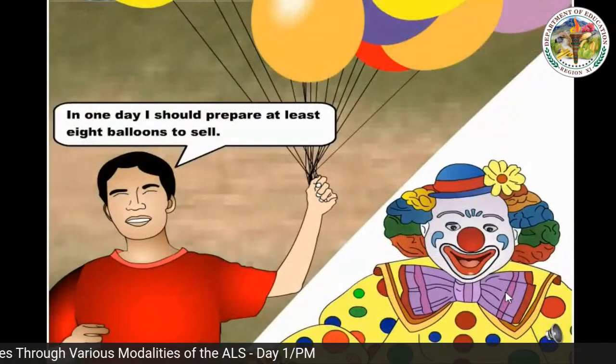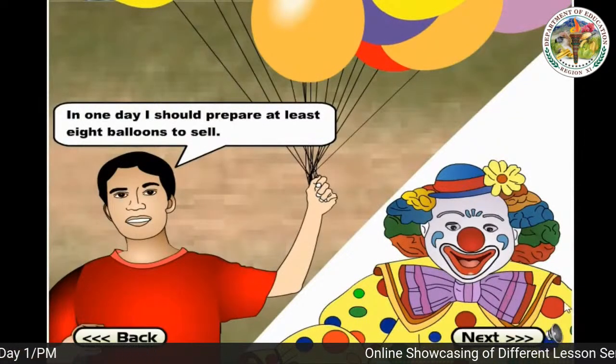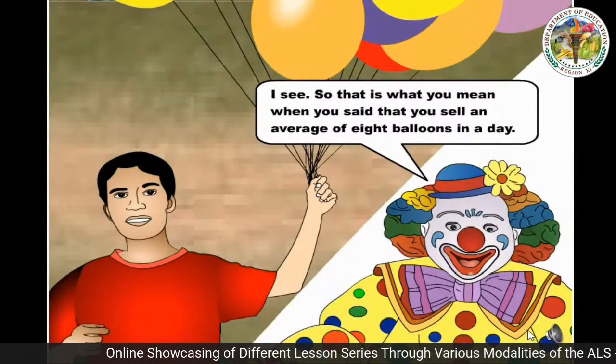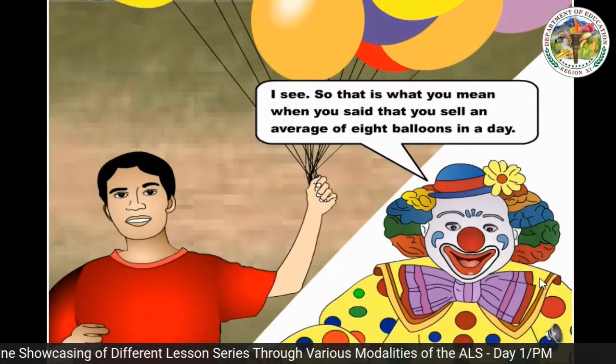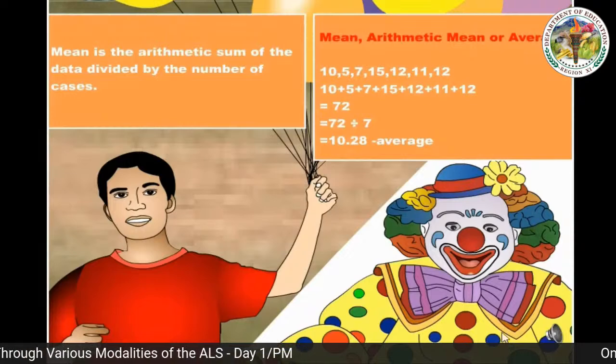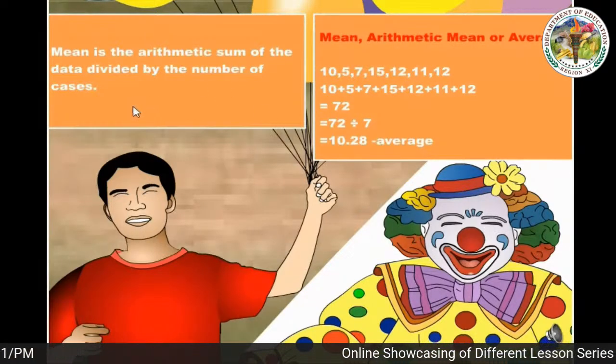In one day, I should prepare at least 8 balloons to sell. I see. So, that is what you mean when you said that you sell an average of 8 balloons in a day. Mean is the arithmetic sum of the data divided by the number of cases.